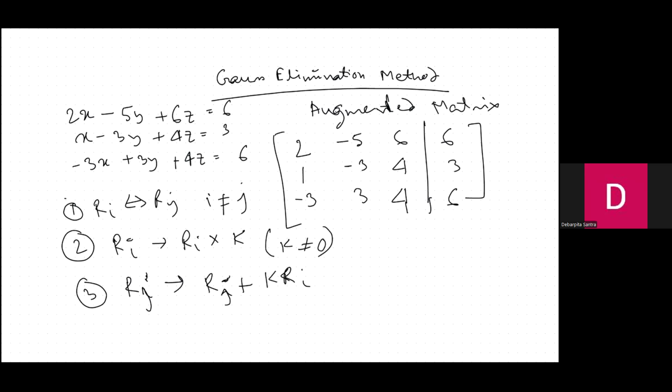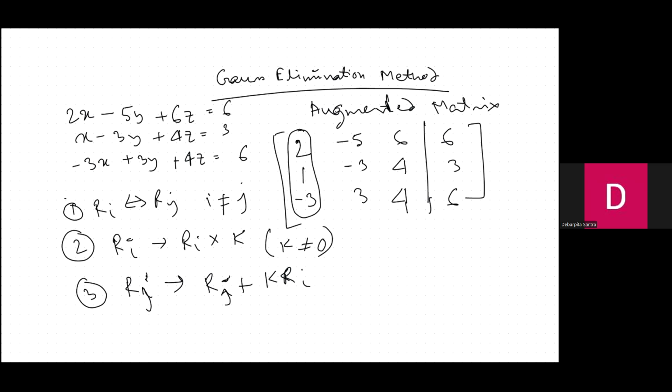Now let us see the augmented matrix first. In the first position there is 2. Let us look at the first column. We will go column by column. First the first column, next the second column, next the third column. In the first column, the first value is 2, the second value is 1, the third value is minus 3. But as per the row echelon form, all the diagonal values should be 1.